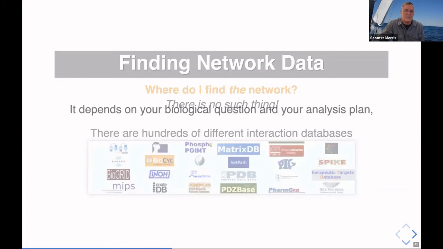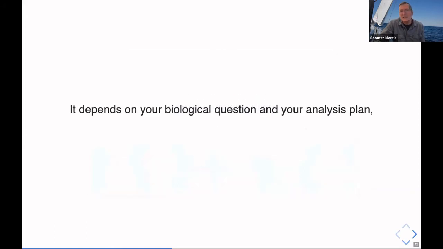But at the end of the day, it's going to depend on your biological question. What is your analysis plan? What are you trying to show? You have to know what you're getting. So know about these repositories.